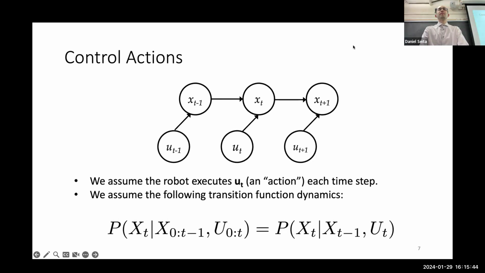So your question is, when does ut happen? Does it happen at time t minus one or t? The way this is written, we assume that ut is an action which happened before xt.